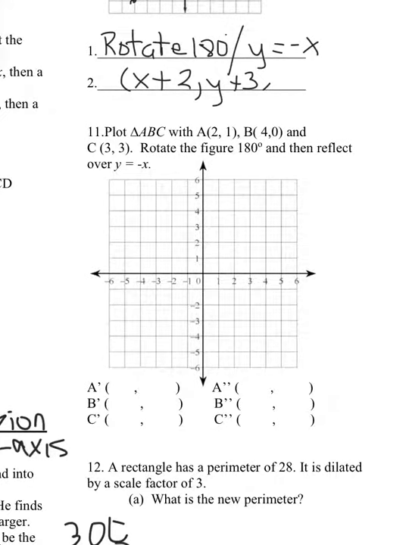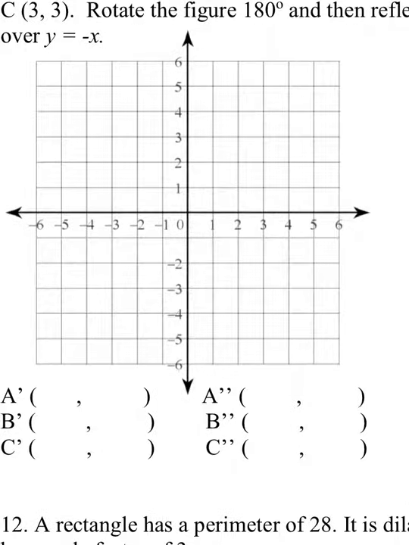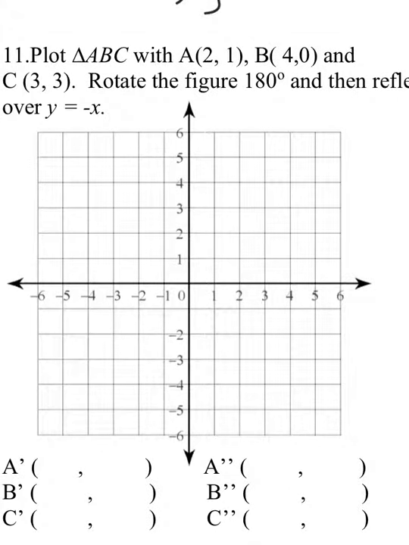Plot triangle ABC with points at 2, 1, 4, 0, and 3, 3. Close enough.